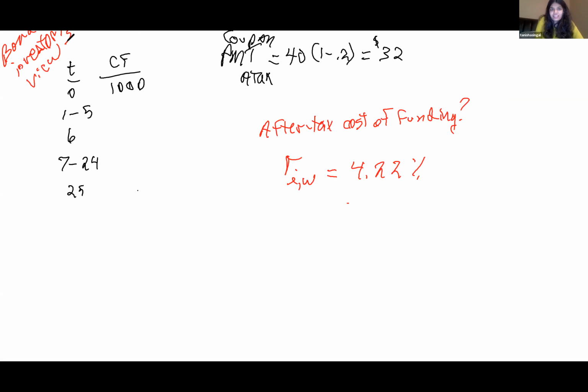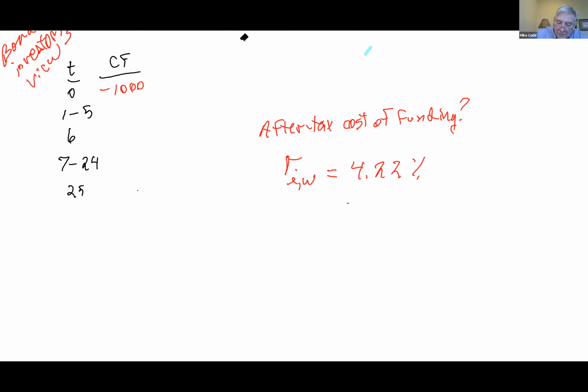No problem. The bond investor would, let's do it this way. The bond investor would pay $1,000 and get the full coupon payment of $40 every year for the 25 years.